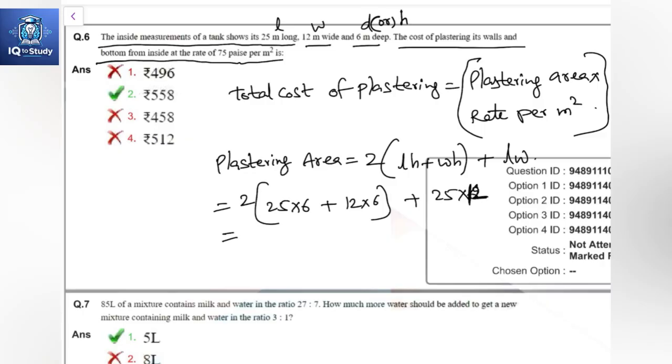That is equal to 2 into (150 plus 72) plus 300. That is equal to 744 meters square.